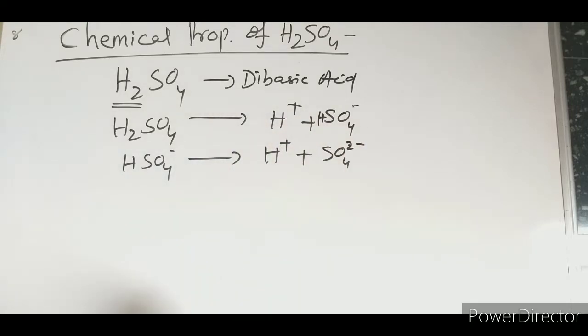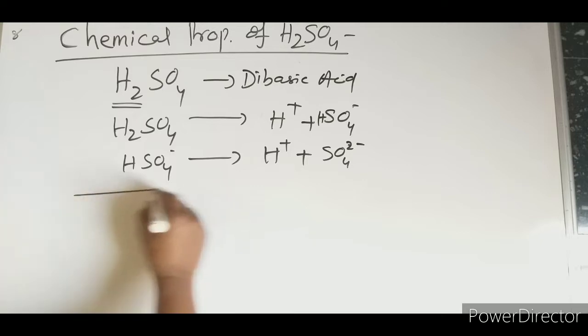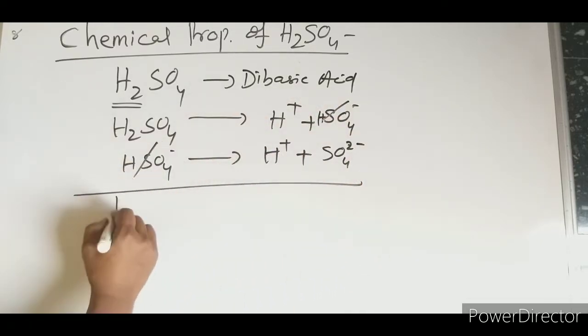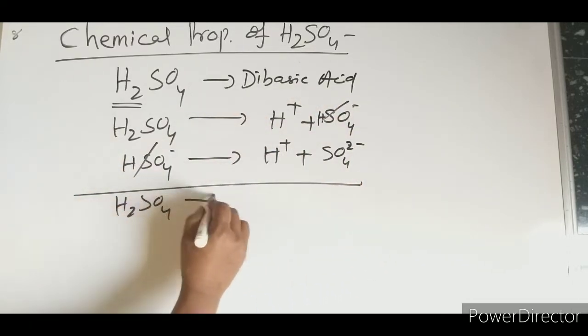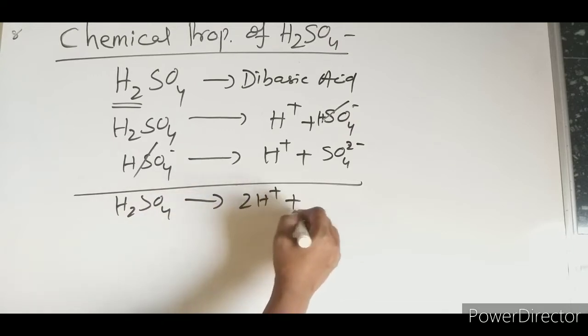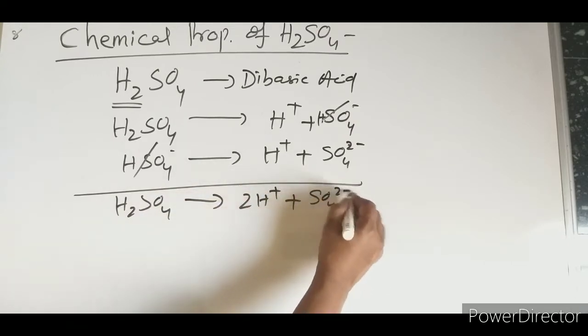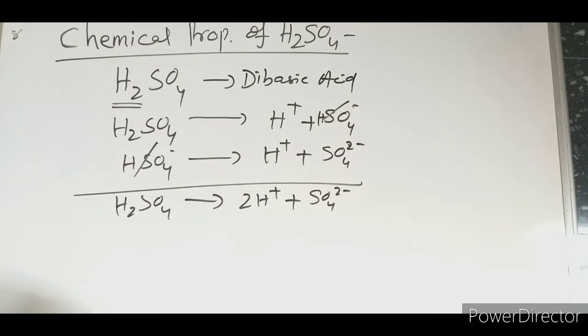So if we cancel, H2SO4 gives rise to 2H plus and SO4 2 minus ions. So here it is a dibasic acid.